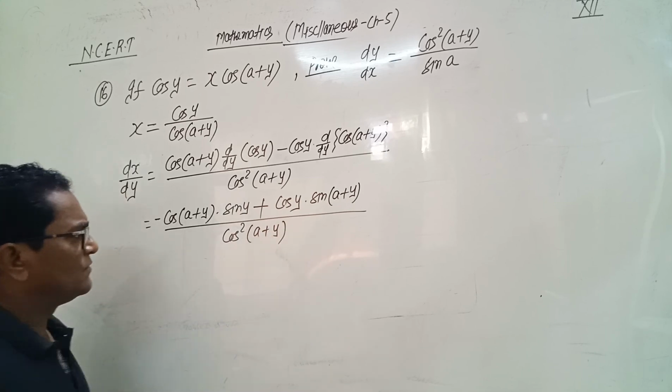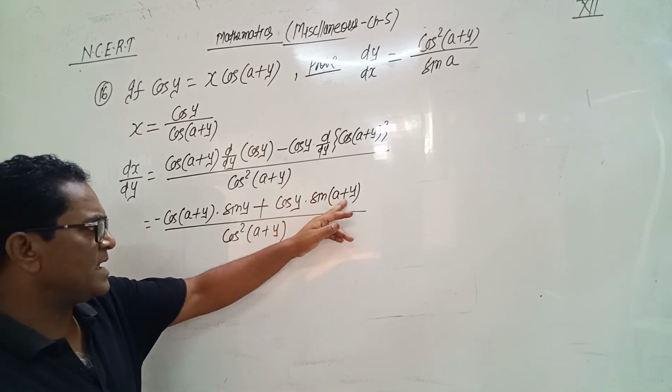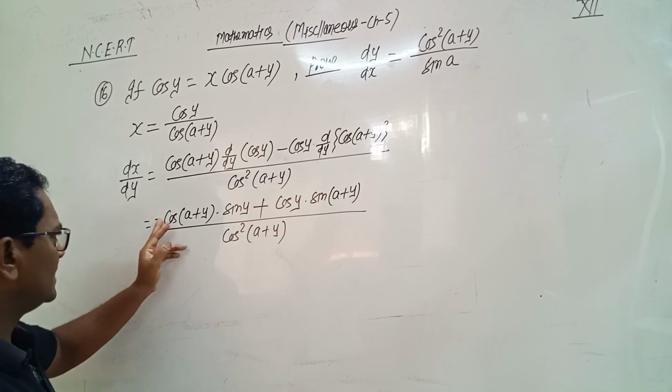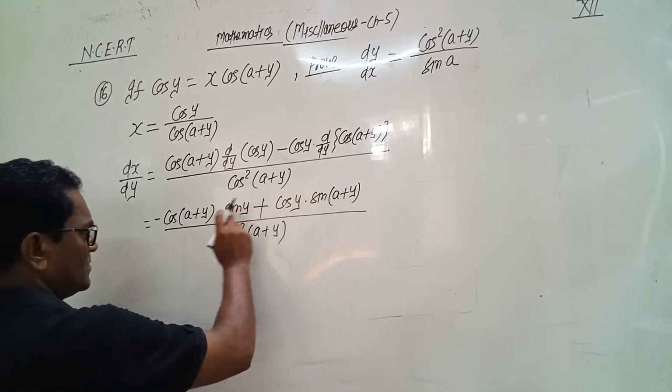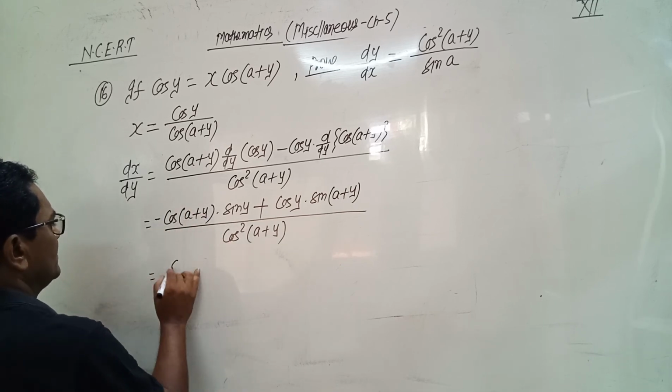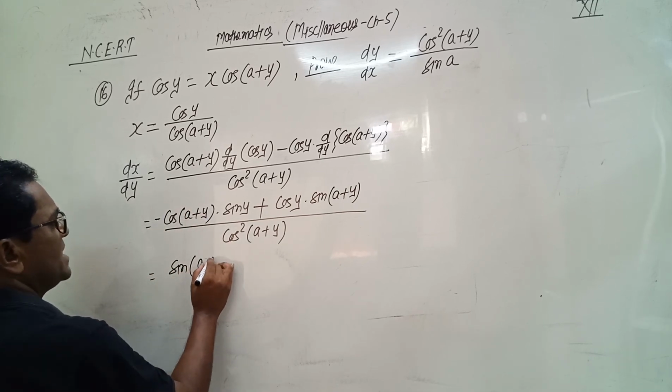So this becomes the formula sin a into cos b minus cos a into sin b, written as sin(a minus b).